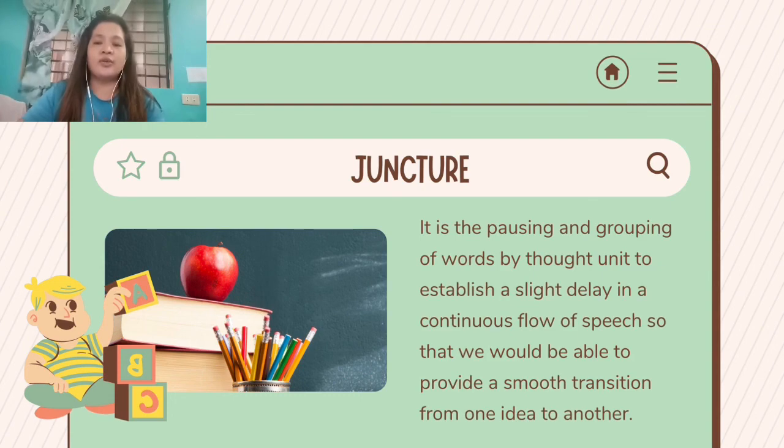It is also used as a time to breathe so that we could enunciate the words better. Juncture is a meaningful stop and pause in the utterance. The pauses are categorized as sustained, rising, and falling.